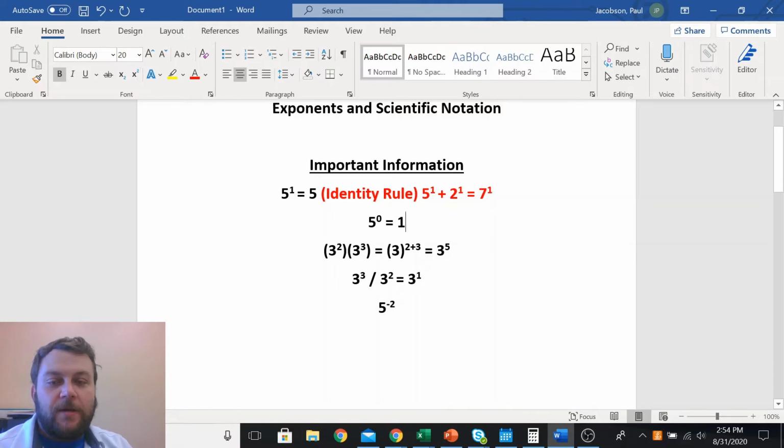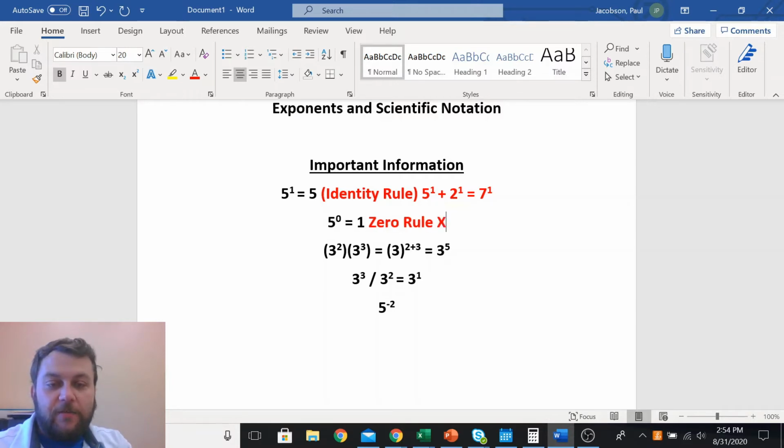Okay, the next thing to go over is another important exponent rule, one that I often see people get wrong, and you want to make sure that you know this by heart. So it's the zero rule in exponents. And what that zero rule is, is that anything to the power of 0 equals 1, except for 0.